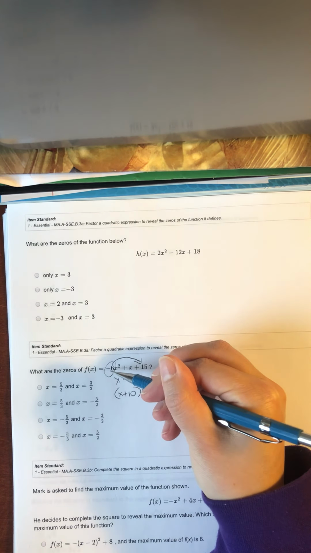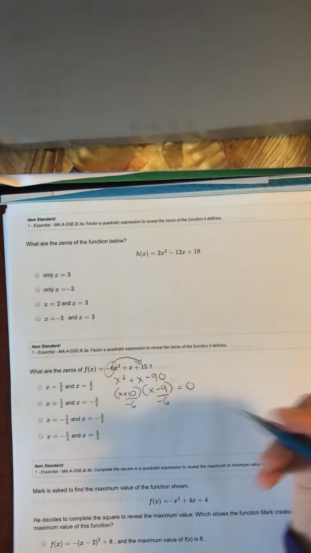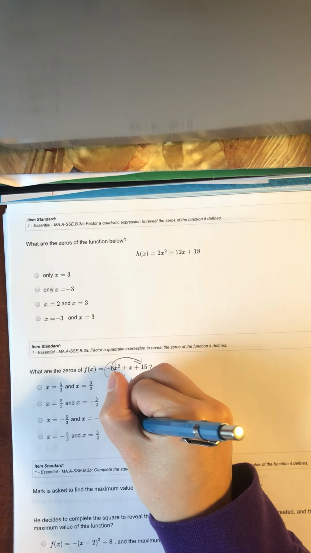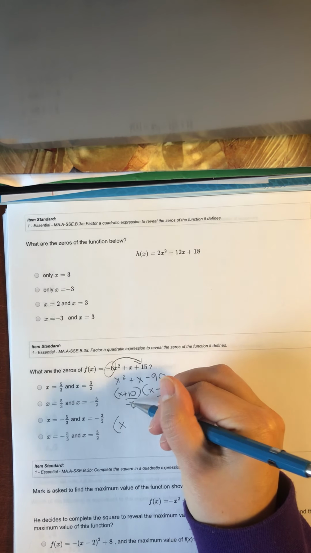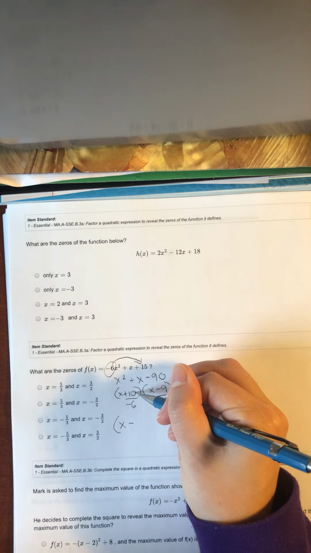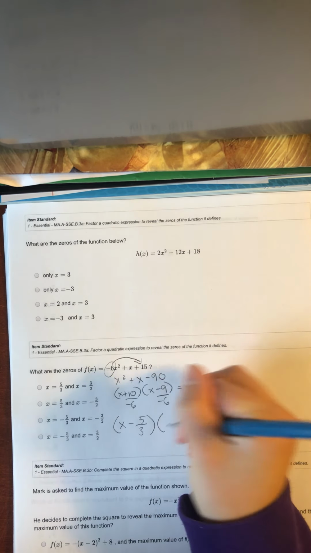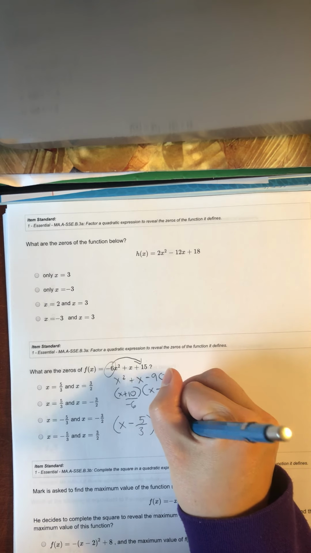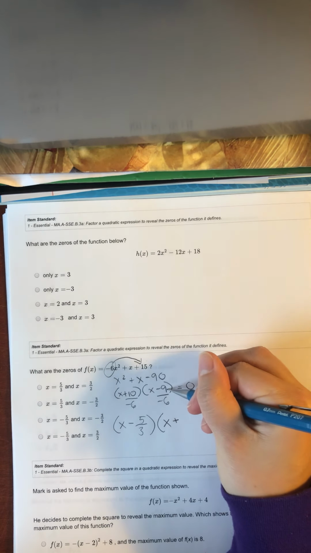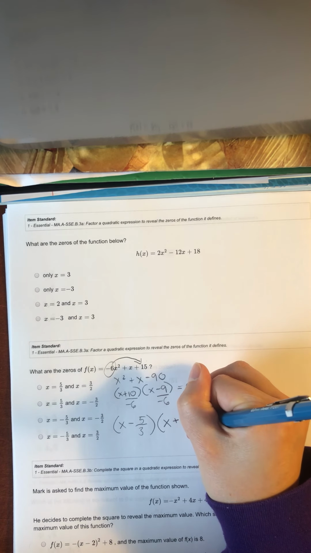I'm going to divide by negative 6 because that's what I slid by. Now I have to reduce these fractions. So now I have x, this is a negative now, so x minus, and then I can divide both by 2, so 5/3. And for this one, negative over negative is a positive, so it's x plus. I can divide both by 3, so 3/2.